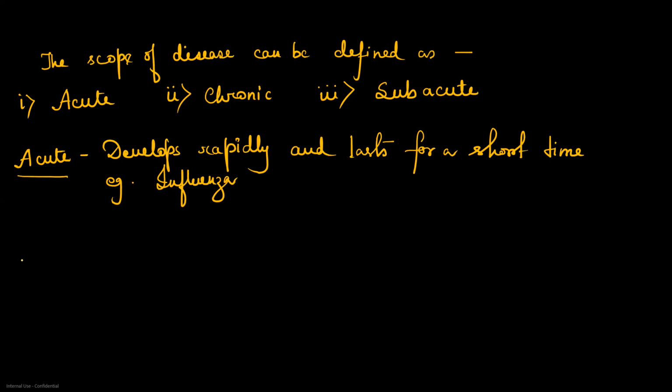Okay. Next is chronic. What is chronic? You have heard of this word, right? Chronic disease is that it develops more slowly.